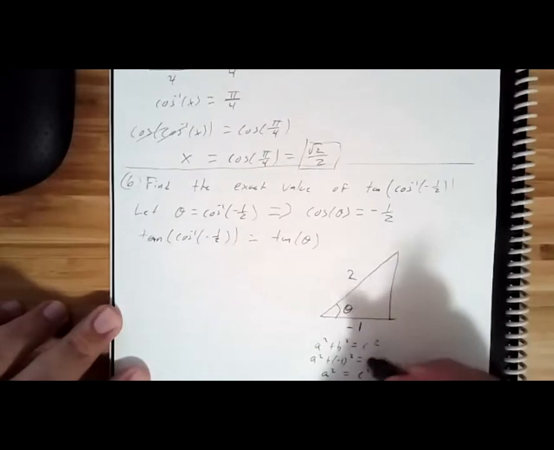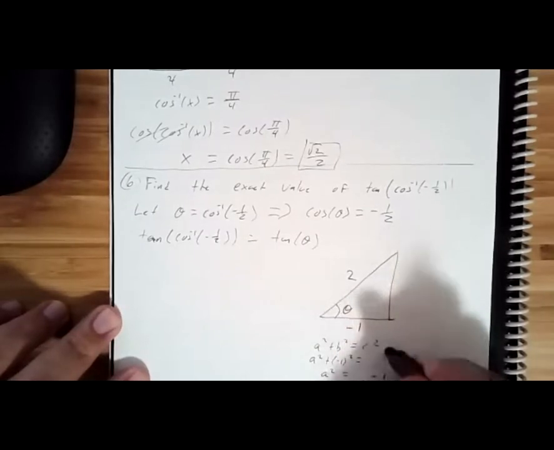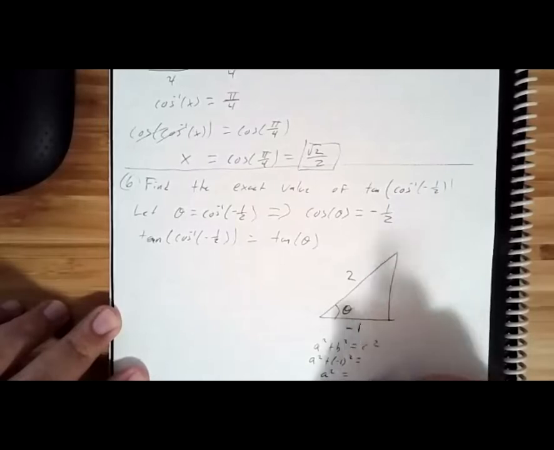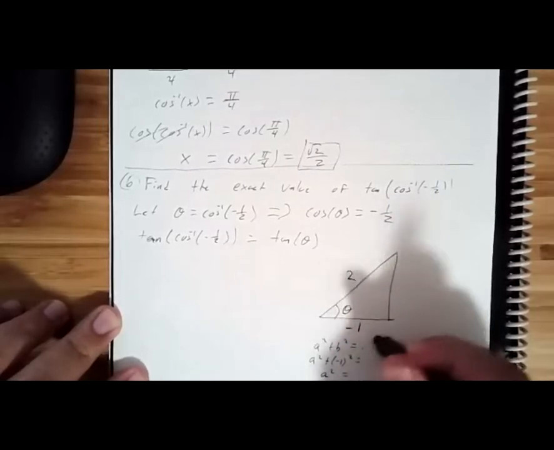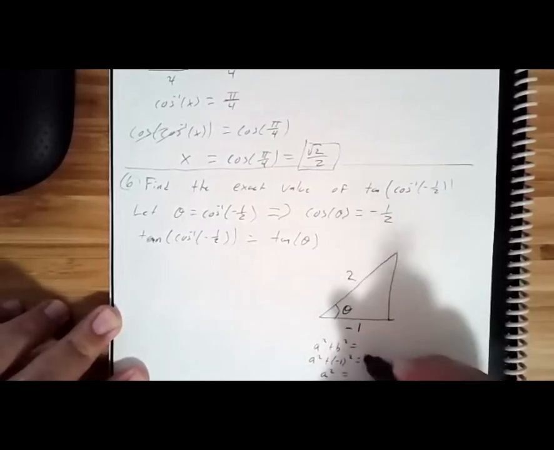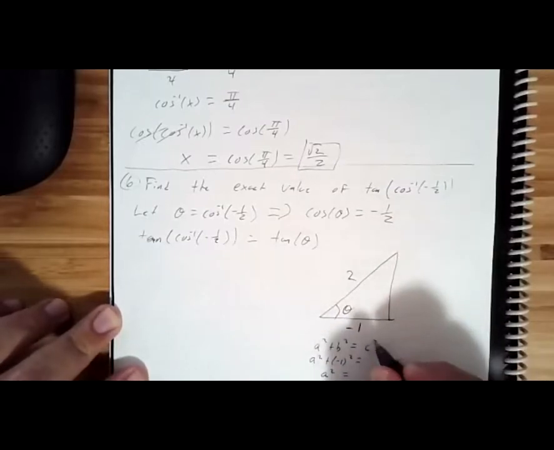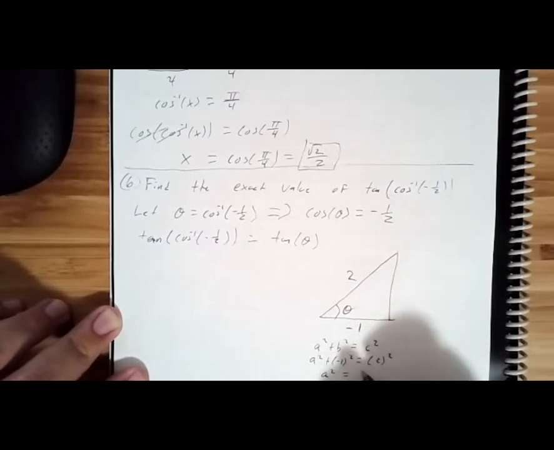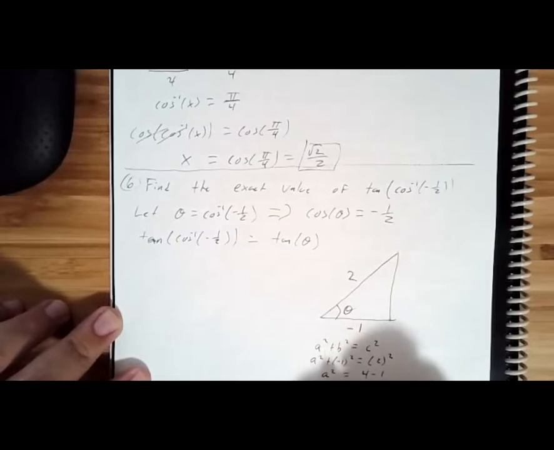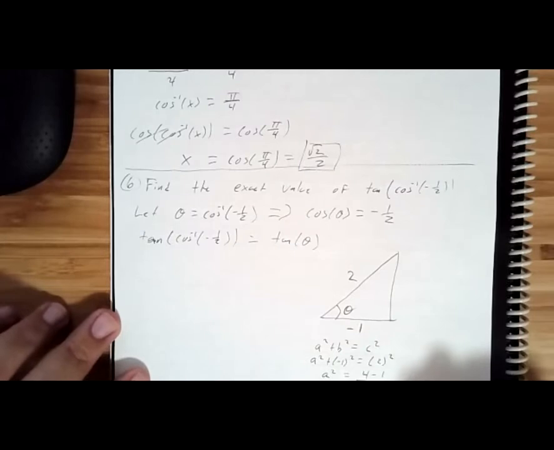Sorry about that. I'm a little distracted today. So that'd be 4 minus 1. So a will equal the square root of 3.